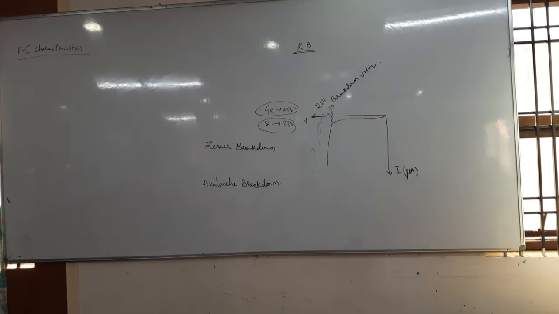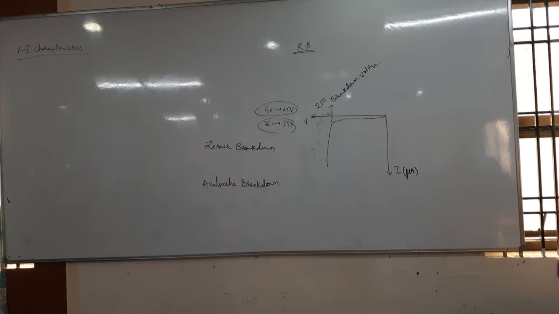Next one, avalanche breakdown. You underline that highly doped p-n junction for the Zener breakdown.